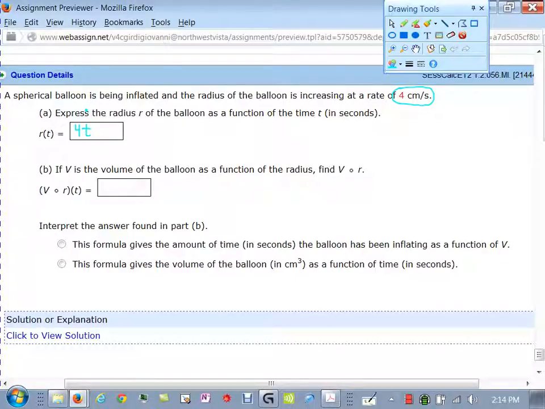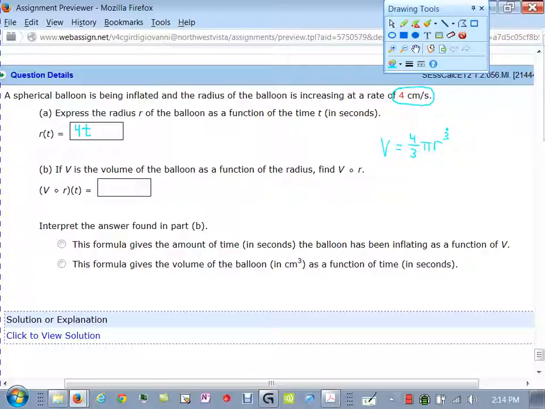If V is the volume of the balloon as a function of the radius, find V of r. So what is the volume of a sphere? 4/3 pi r cubed. All right, that's the volume of a sphere.